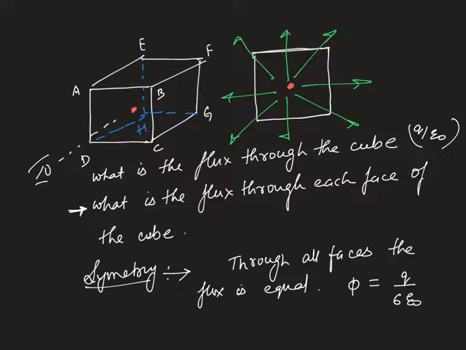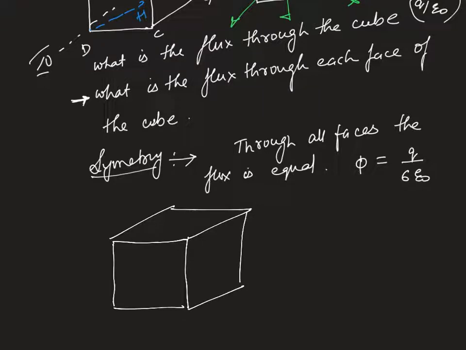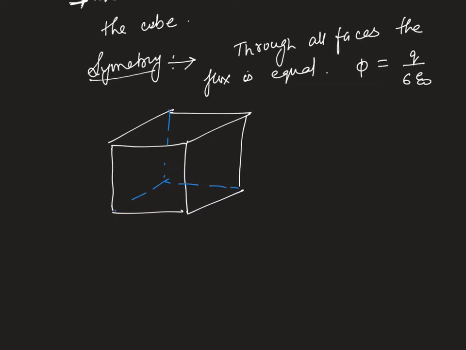Now let's consider some complicated problems here in the cube. I have a similar cube, again a freehand drawing. And now let's say that I have a charge at one of the faces. Let me first draw the points on the cube.